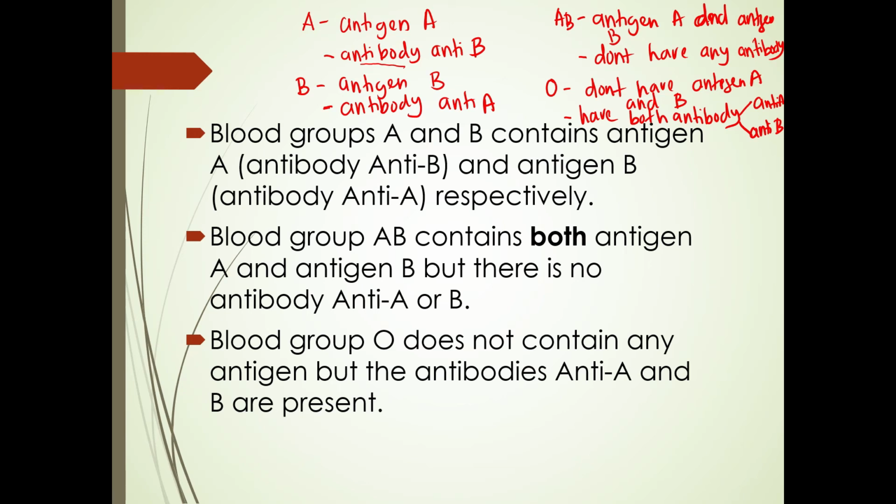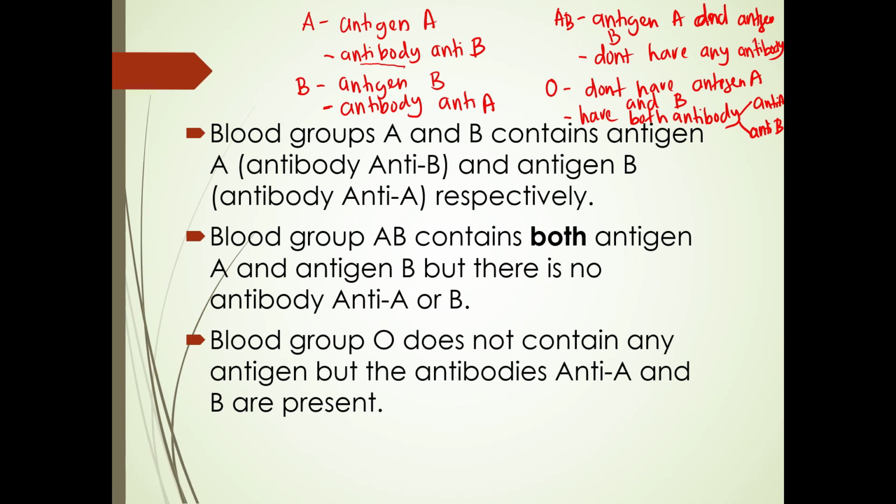It cannot be done. Why? Because the person with B type of blood has the antibody anti-A. When it recognizes the antigen A trying to enter the body, it will attack the blood. It will become agglutination, and the blood will clump.